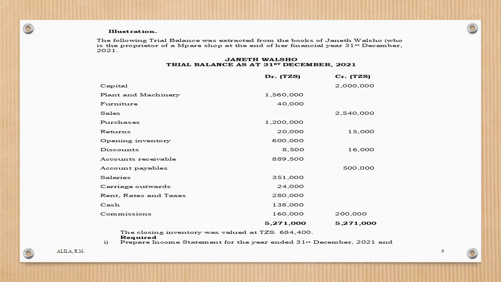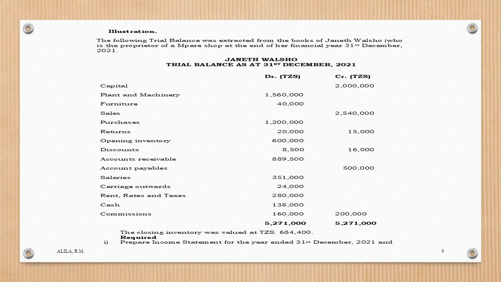So sales and purchases, these are nominal accounts, so they will have a place on the income statement. Returns, these are nominal accounts. They will go directly to the income statement.